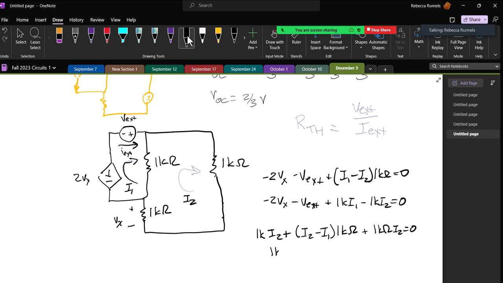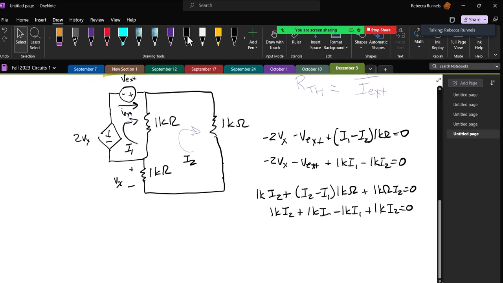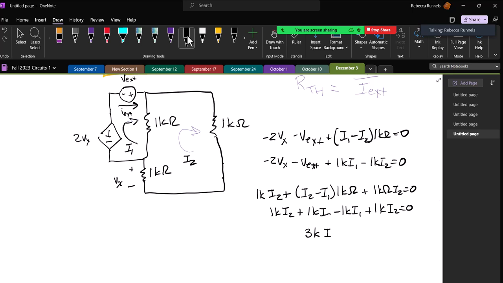So this gets me 1K I2 plus 1K I2 minus 1K I1 plus 1K I2 equals 0. Or this one is 3K I2 minus 1K I1 equals 0.